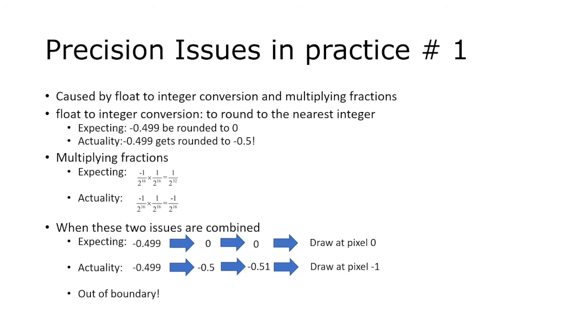And there are also precision issues with fraction multiplication, and the difference between the expected result and the actual result could be very significant. When these two errors are chained together somewhere in the code, it finally leads to an out-of-boundary error. If an attacker could somehow trigger an out-of-boundary error, they might be able to trigger a denial of service attack.